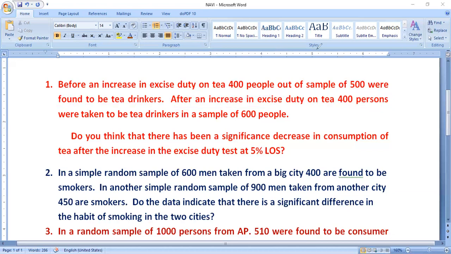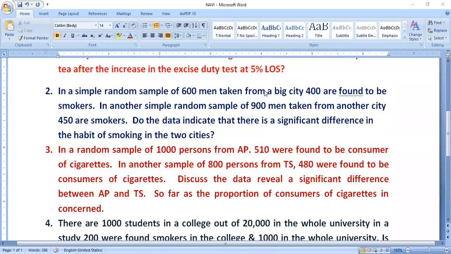Then next, problem number 2. In a simple random sample of 600 men taken from a big city, 400 are found to be smokers. In another simple random sample of 900 men taken from another city, 450 are smokers.